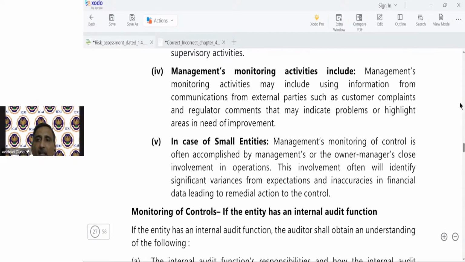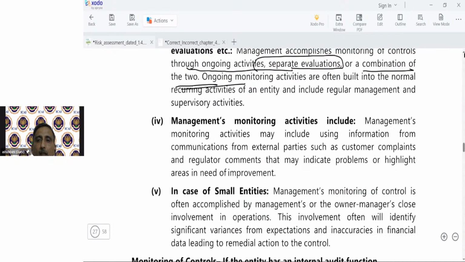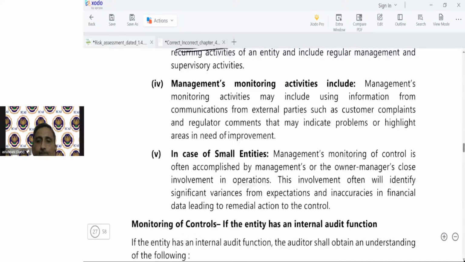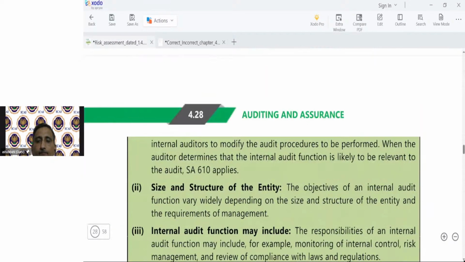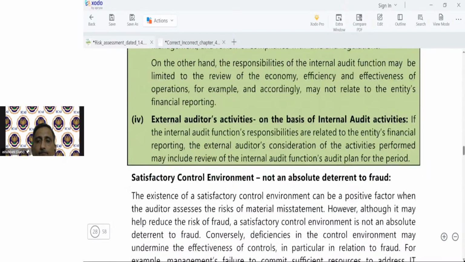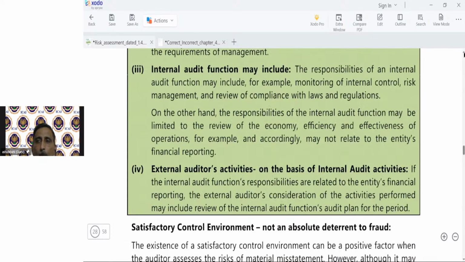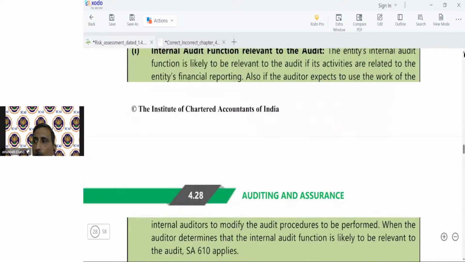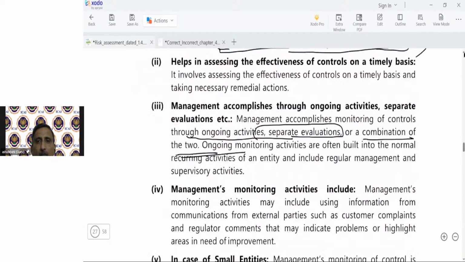So risk of material misstatement. I think we have lost the page.